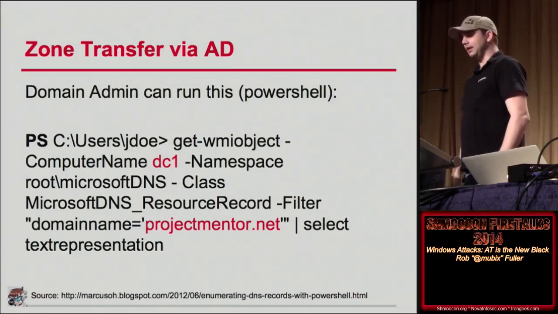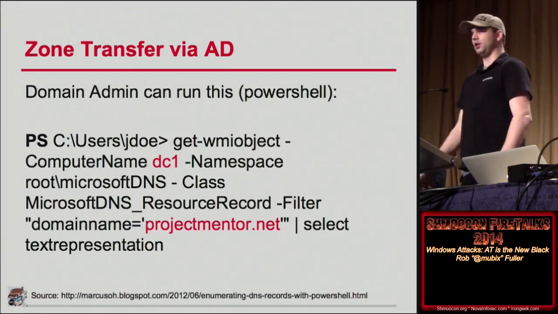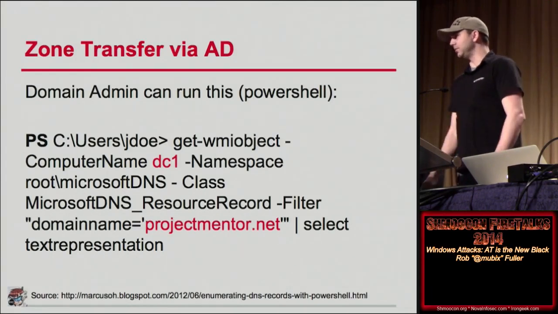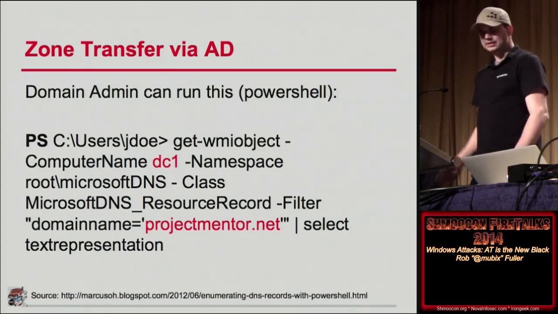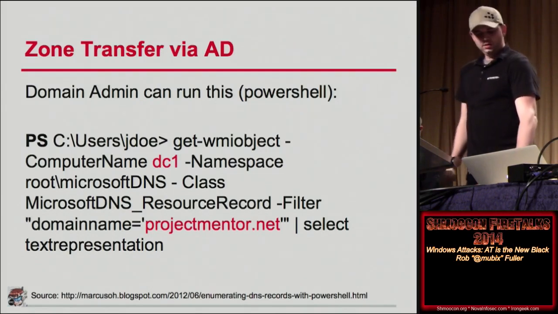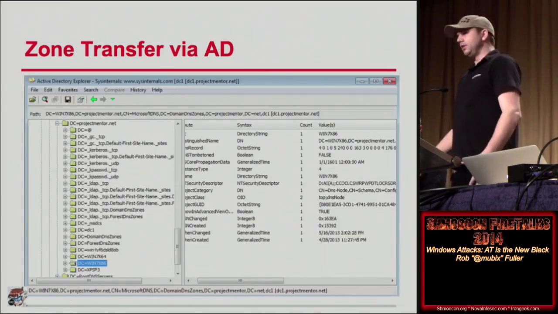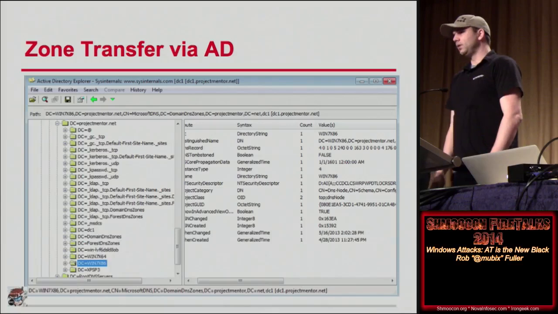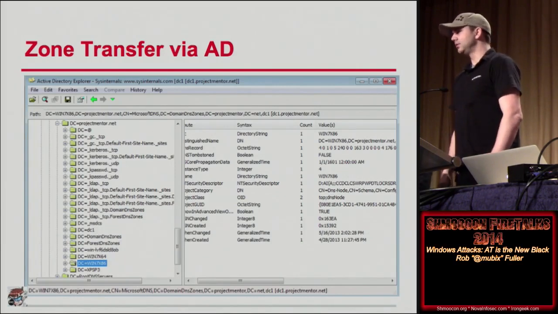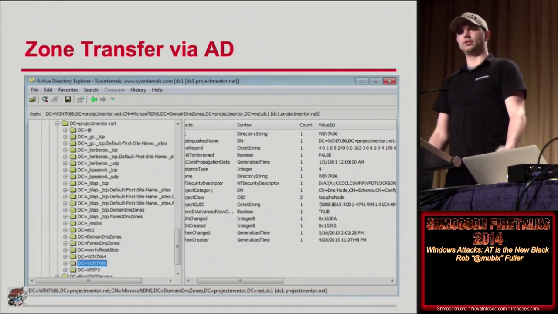Well, what if you could say, hey, Active Directory, just give me all of the DNS that you have? If you're a domain admin, you can do that with one single command and you're done. Great, except for one thing: you have to be domain admin. Well, that sucks. So, if you've ever looked at AD Explorer, as a normal user on Active Directory, you can see all of their DNS entries. So why can't I do that as a normal user with a command line?